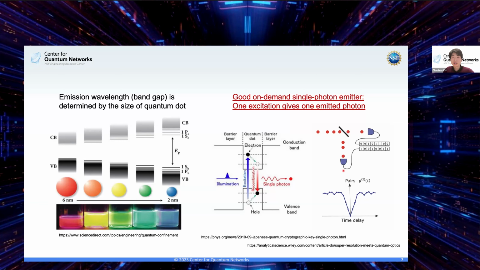Using the Hanbury Brown and Twiss experiment, you will see that if you split the emitted photon from one quantum dot to two detectors, they will have no coincidence, because you cannot split one photon. This makes the quantum dot a really great single photon emitter.